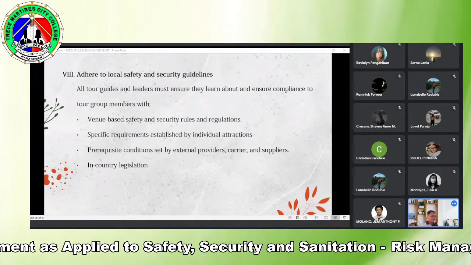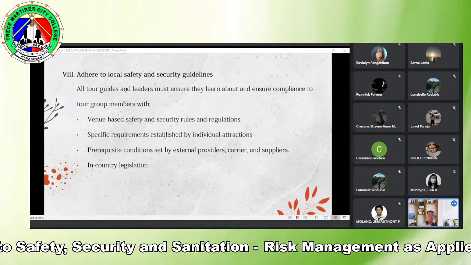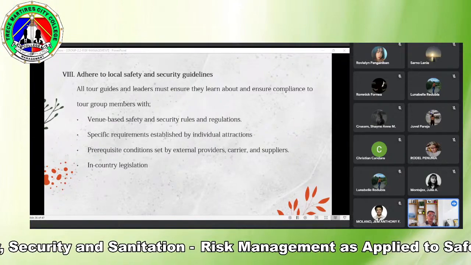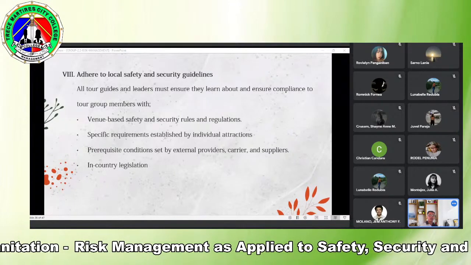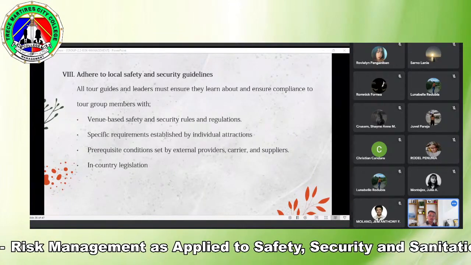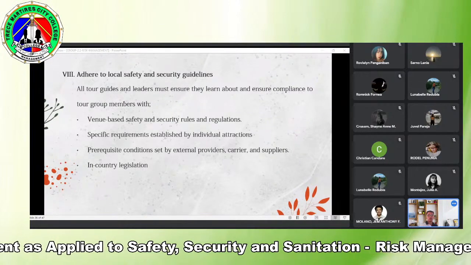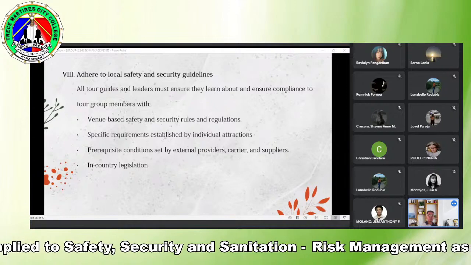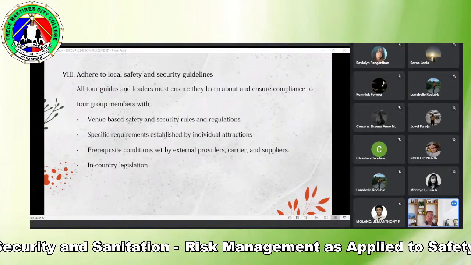So example is that when you will be traveling abroad, the prerequisite procedure is that you have to take an antigen or RT-PCR test before you can enter or fly to the country or place that you want to be in. Okay, so that's it.